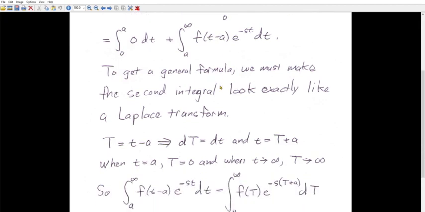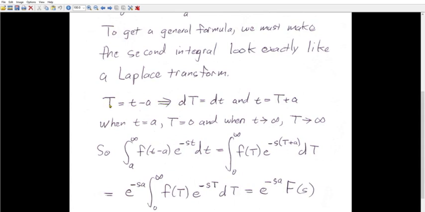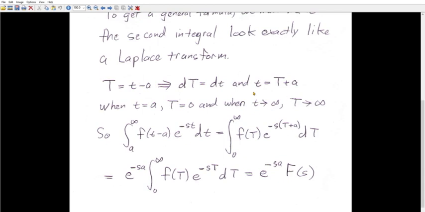So we need to transform this, and we do this by making the change of variables capital T is t minus a. And that means that dT is dt. And here that's going to give us that little t is T plus a. How do the limits transform? When little t is a, T is 0.